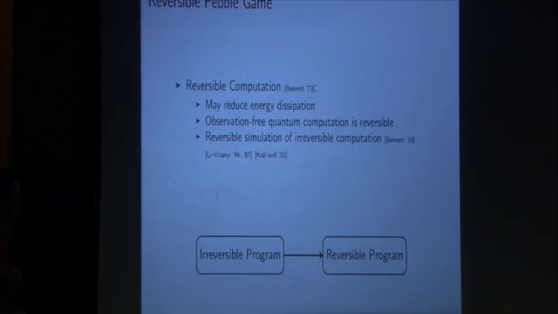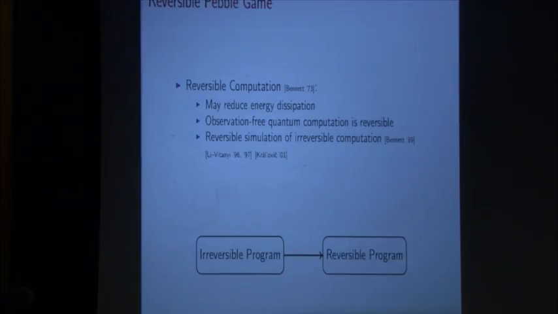It means the following. Imagine that you are given a normally written program. It is irreversible because it will overwrite memory content, it will erase memory. So you want a compiler that, given an input program, compiles it to a reversible program so that you will have the benefits of a reversible program. For example, it might use less energy.